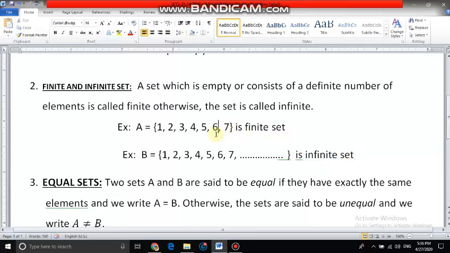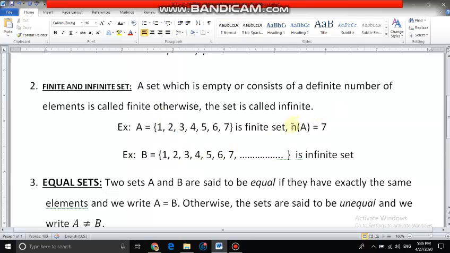In a set, if there are finite numbers, that is a finite set. In a set, if there are infinite numbers, then it is an infinite set. So this definition of finite or infinite is totally based on the number of elements in a set. So when I say number of elements, I'll write the number of elements of A here as 7.